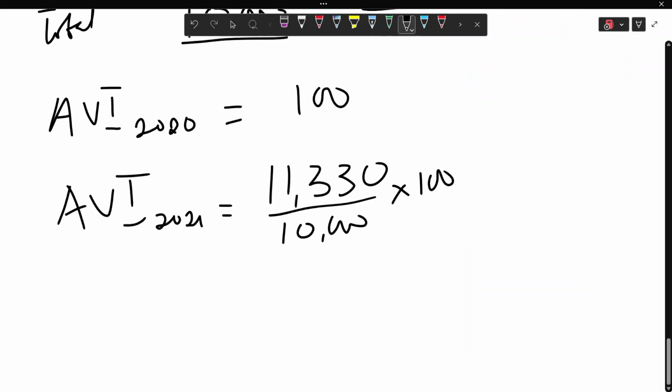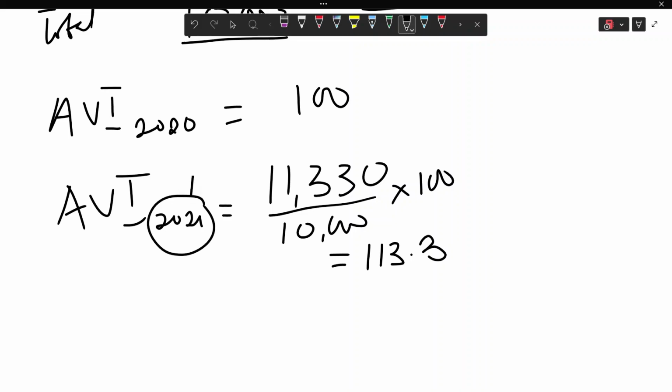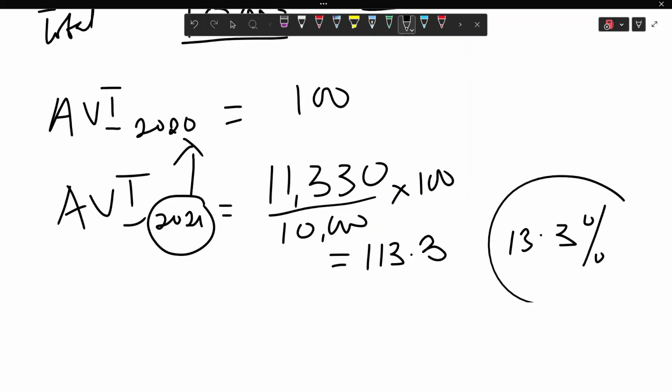So 11,330 divided by 10,000, all multiplied by 100, giving us 113.3. We can say that compared to 2020, we have an increment of 13.3%.